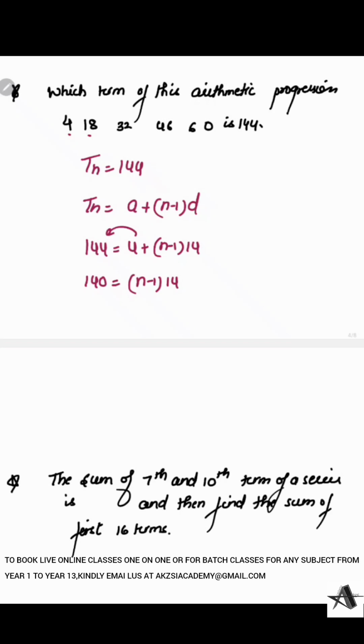Because n minus 1 is multiplied with 14, rather than expanding it and then transposing, it would be better to divide both sides by 14. So I'll get 10 is equal to n minus 1, so n is equal to 11. So which term is it? It's the 11th term. 144 is the 11th term of this progression.